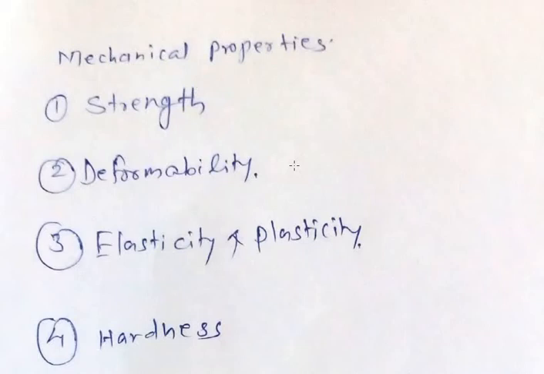Then next property, that is elasticity and plasticity. The property of a material to recover from deformation is known as elasticity. The limit up to which the material is elastic to the deformation is called the elastic limit. The linear relation between the stress and strain is known as Hooke's law. The property of elasticity of rock depends upon its continuity, homogeneity, and isotropy.